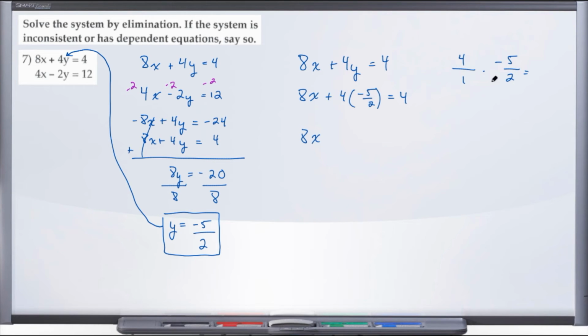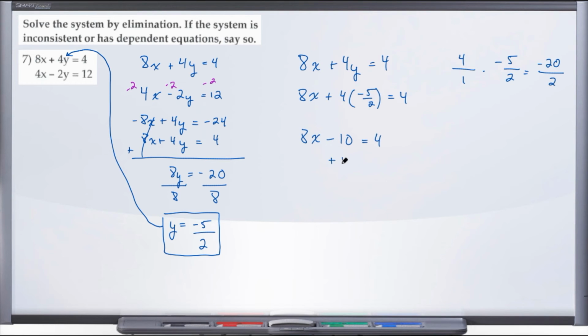And again, when we multiply fractions, we don't have to worry about common denominators or anything like that. We just go numerator to numerator, denominator to denominator. So 4 times negative 5 gives us negative 20 over 1 times 2 is 2, and negative 20 over 2 reduces to negative 10, or minus 10 equals 4.